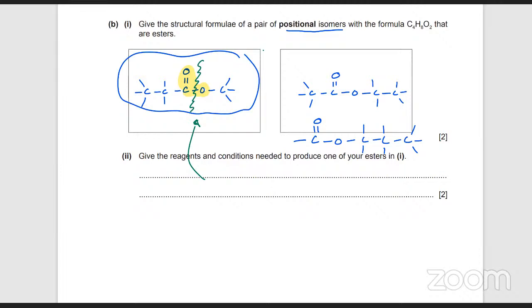I would require an alcohol, which is methanol. The right side is going to be methanol, that's 1 carbon atom, and the left side would be 3 carbon atoms, that's a propanoic acid molecule. So these are my reagents. Conditions, what you need is concentrated sulfuric acid, which is a catalyst in this case, and reflux.